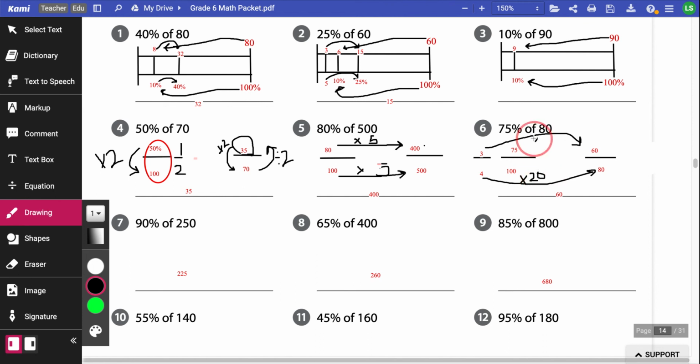And 3 times 20 gave me a numerator of 60, which, this fraction as well, 60/80ths, when I simplify it, is 3/4, which means these are all equivalent. So 60 was the solution. 60 is 75% of 80.